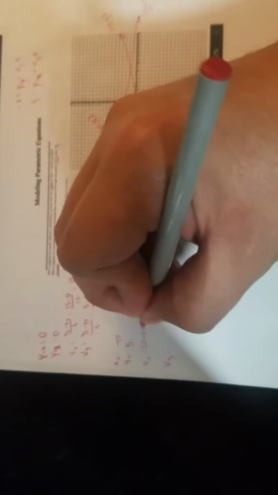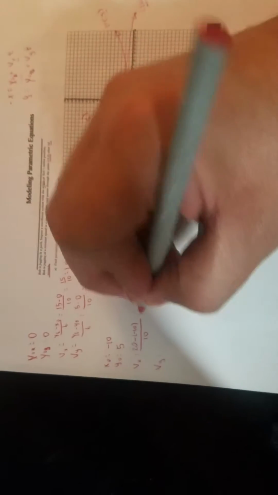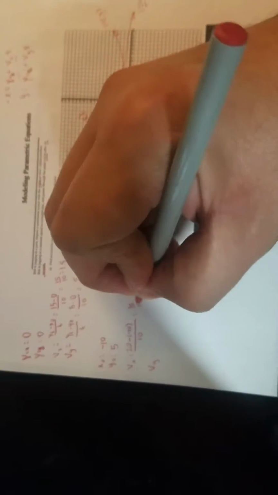And velocity x, again, we're going to use the same equation. So her final x is 20 minus a negative 10 divided by the same amount of time because she took 10 seconds. So this becomes 30 over 10, which equals 3.